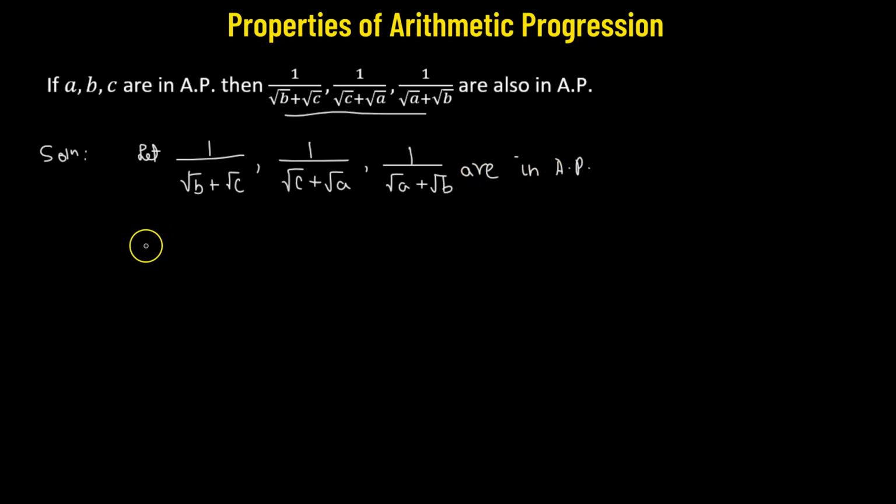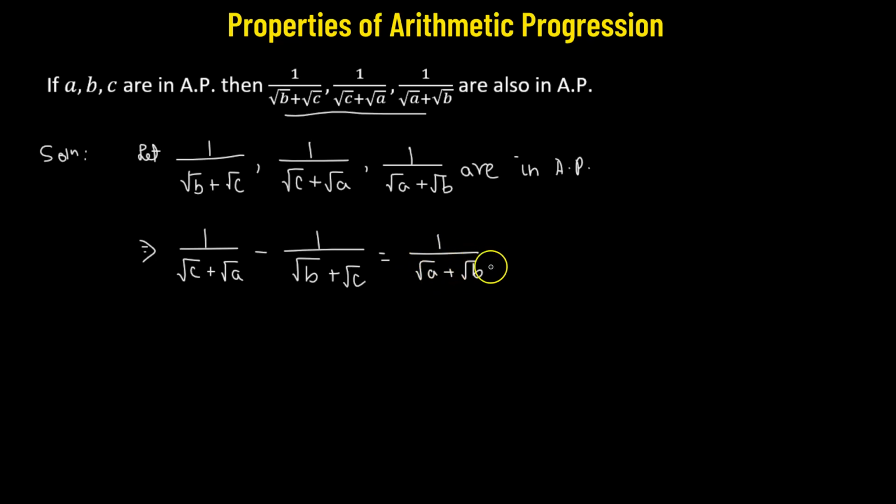If they are in AP, then this must mean that 1 over square root of c plus square root of a minus 1 over square root of b plus square root of c will be equal to 1 over square root of a plus square root of b minus 1 over square root of c plus square root of a.